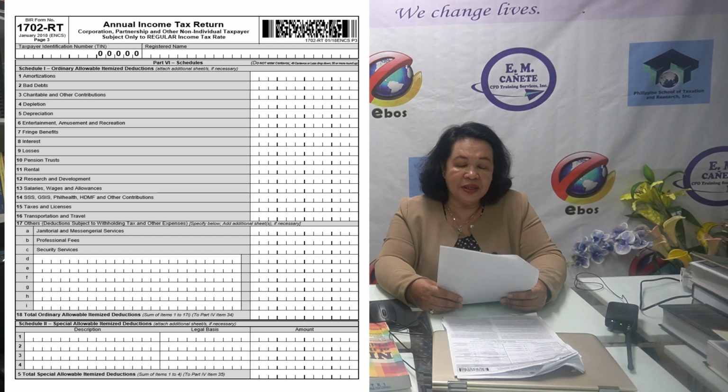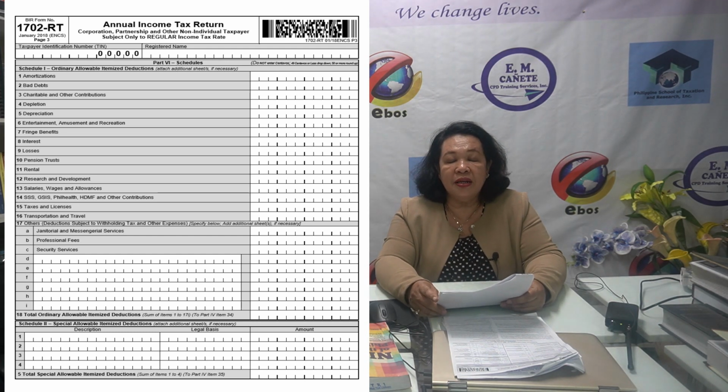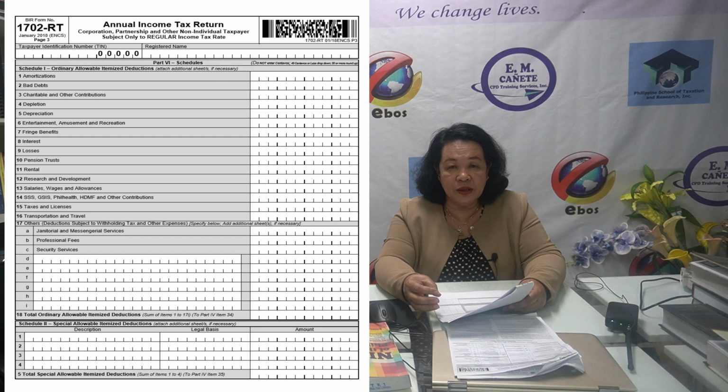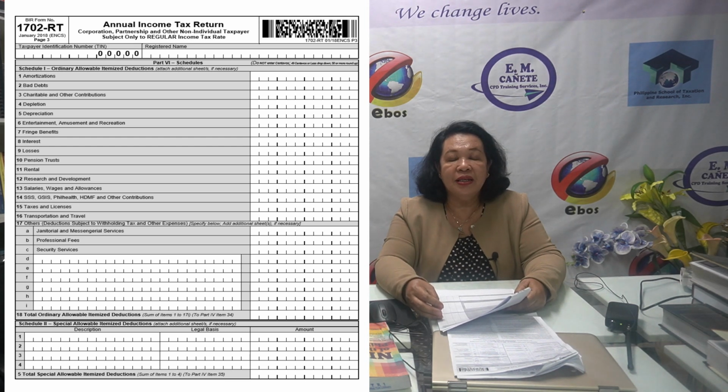Number 12, we have research and development. Research and development can be claimed by the corporation. It is very important for the company to have research and development in order to improve its products and its processes. But be sure that the claim is proper, and it should only benefit the current year.